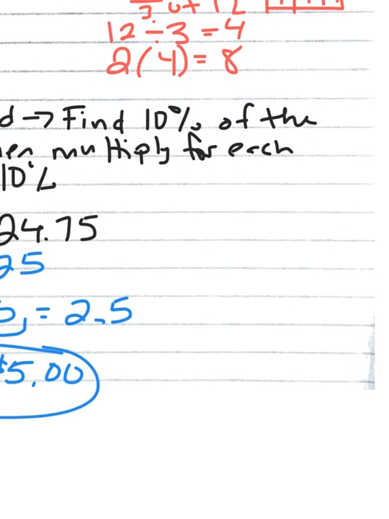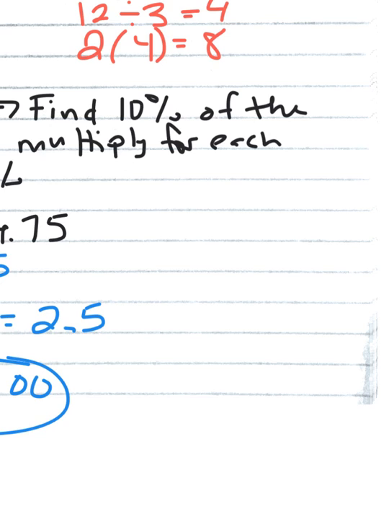Right? So if we try another one, you can pause the video and try this one on your own. Say we wanted to know 30% of 135. So first I'm going to take 135. I could round it to 140 or 130 if I wanted to, but this one's not too bad to work with.